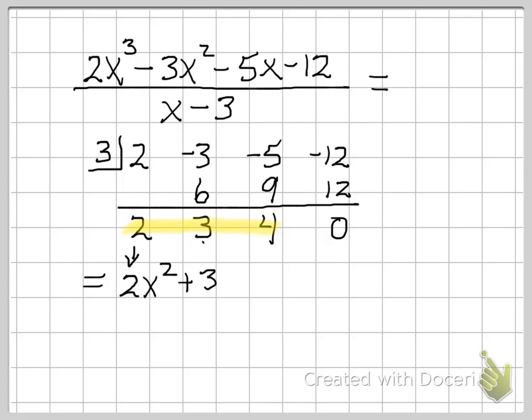Then we have 3. It comes from our quotient line, so we got 3x. Then we have plus 4. And of course we have the plus 0, but we don't have to worry about that. We do have to go back and take into account that x cannot equal 3, because then we would be dividing by 0, which we all know is just nonsense.